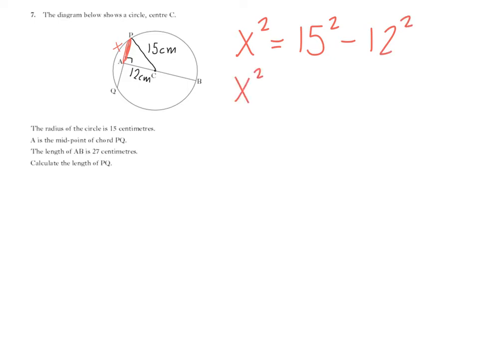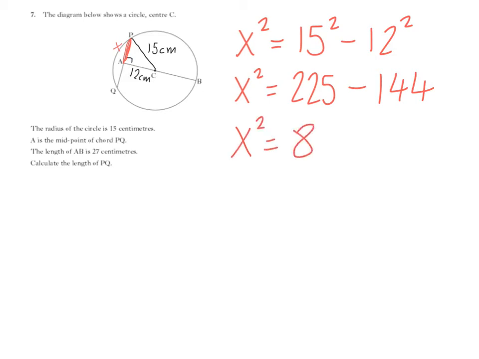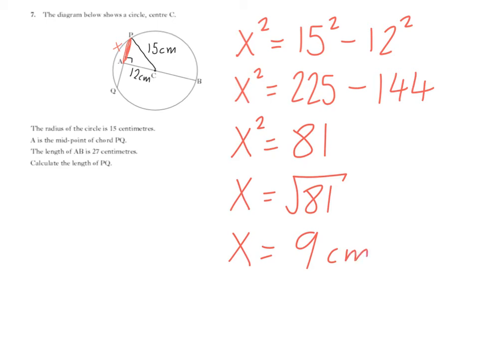So x squared is equal to 15 squared, which is 225, take away 12 squared, which is 144. That means that x squared is equal to 81. Taking the squared over to the other side makes it square root. So that's square root of 81, which means that x is equal to 9 centimetres.